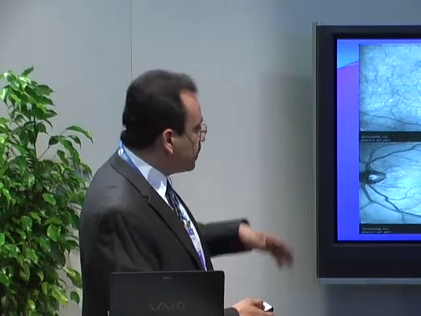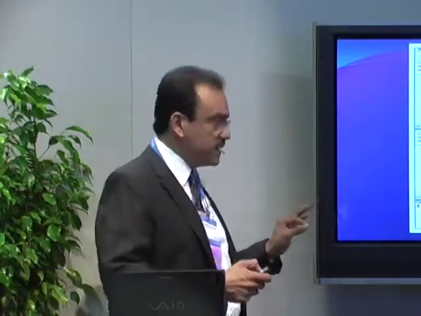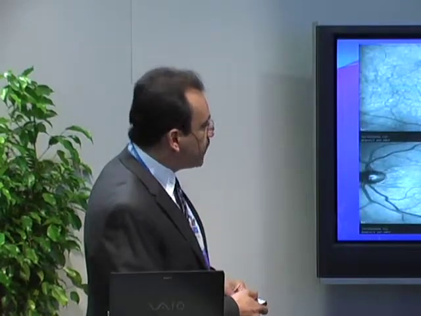Okay, so we were able to do the surgery. We closed the macular hole, as you can see, but you can see what the problem is here. This individual has a very important loss of function here, although from the OCT appearance, the photoreceptor layer is intact.